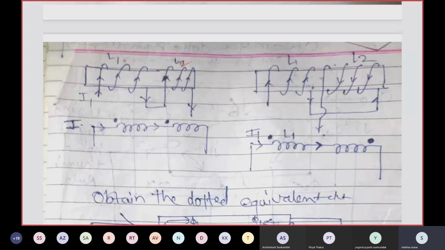So if you keep the nails and fingers of your right hand in the upward direction, then your thumb is in the left hand direction. This is similar with L2 also. That's why both the fluxes are in the same direction for this particular diagram. Understood?